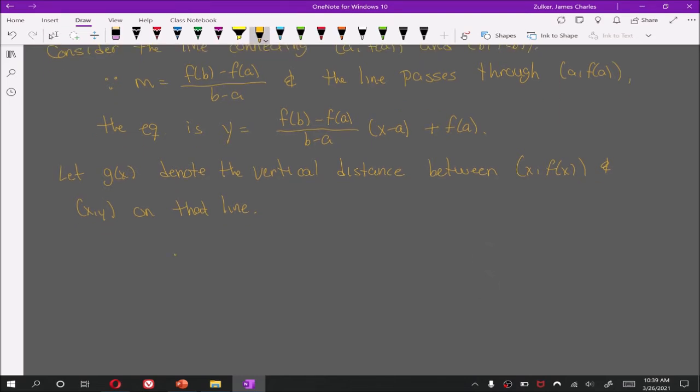In other words, g of x is equal to f of x minus the quantity f of b minus f of a over b minus a times x minus a, plus f of a.